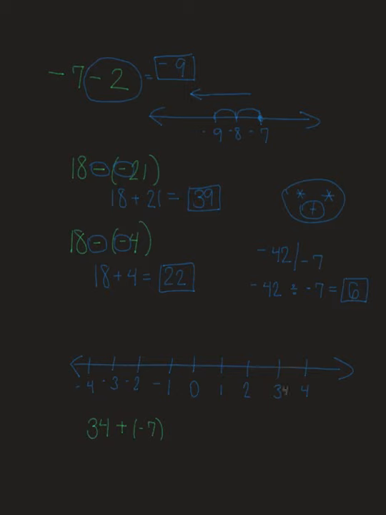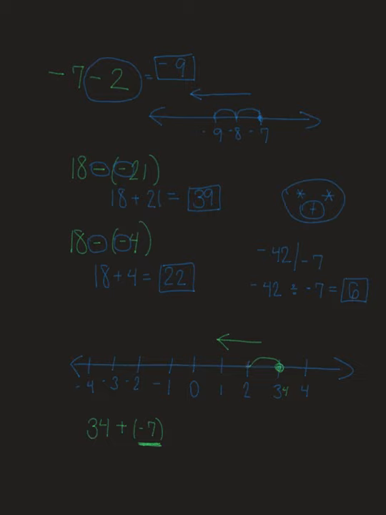Okay? And then we could change that down if we needed to. But if I'm here at 34, okay, and I see it says plus -7, this is telling me the direction that I need to go on my number line. So this is telling me I need to go to the left, because -7 is going smaller to the left 7 times. So then I can again rewrite this.